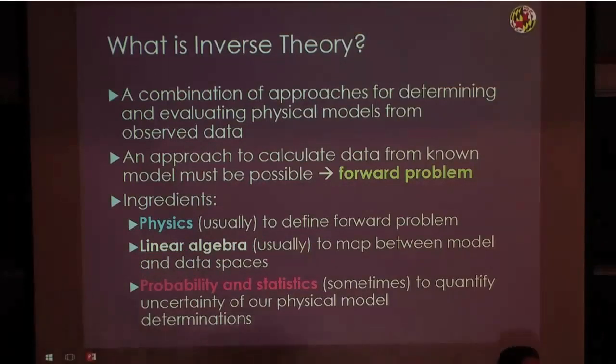domains. So what I would like you to think of is kind of like two planets. One planet is the model planet, and one planet is the data planet. And what we're interested in is going between these two planets in an efficient way, so then we don't die in between. And sometimes, although probably we should do this always, we should use probability and statistics to try to quantify uncertainty of our physical model determinations.